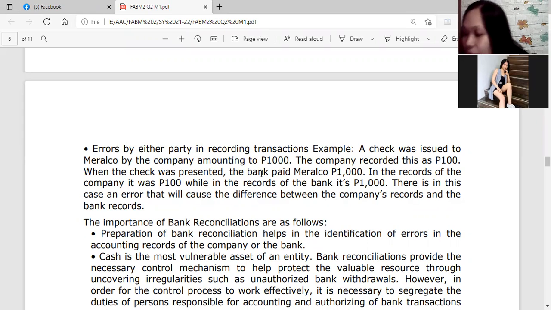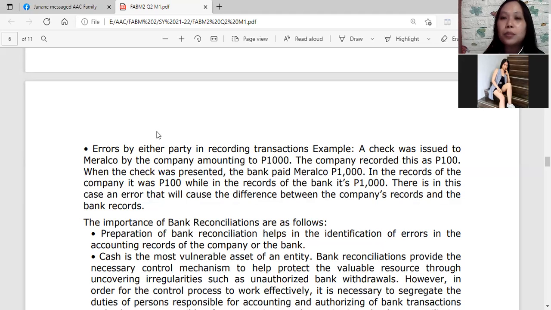So there is an error in recording. So when the check was presented, the bank paid Meralco 1,000. In the records of the company, it was only 100. So there is a problem sa pag-record. So muna siya, this could be the two things why there is a problem na siya mga errors.